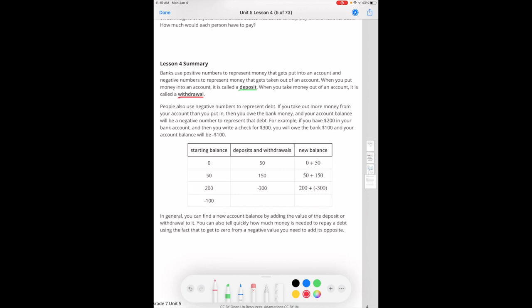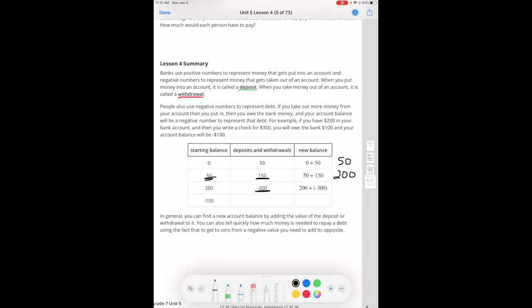So for example, if you start out with no money in your account, here's a positive 50, so that means I'm adding $50, which makes my balance now $50. Now that I have $50 in my account, and then I have $150, and it's positive, so it's another deposit, that means I'm now at $200.